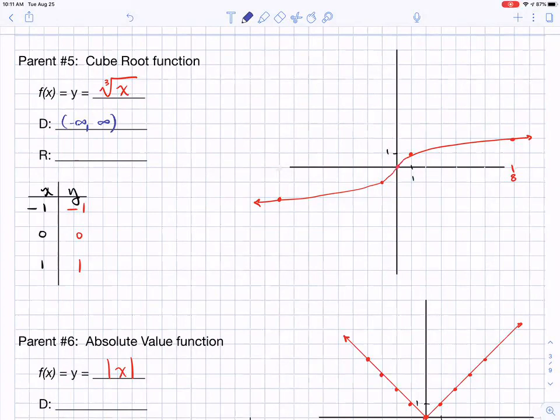Yeah, same concept. If I had something like the cubed root of negative 125, that's a negative 5, okay? If I had the cubed root of negative 216, that's negative 6. It's gonna keep getting lower, okay? So range then from negative infinity to infinity as well.